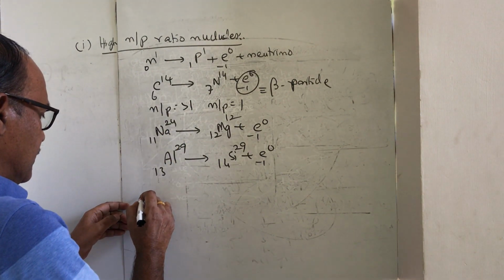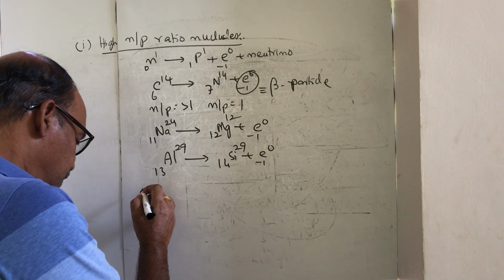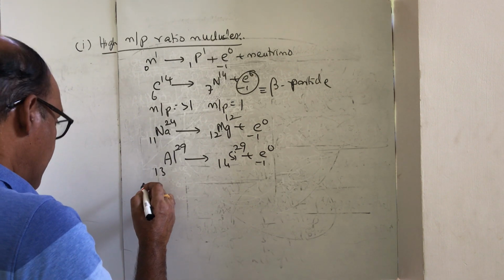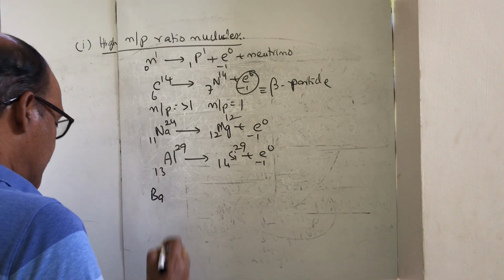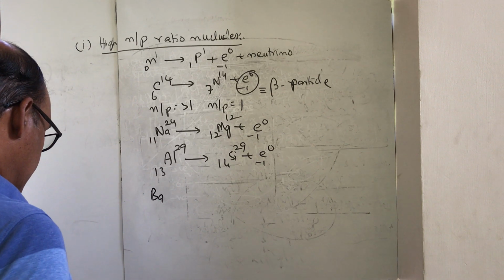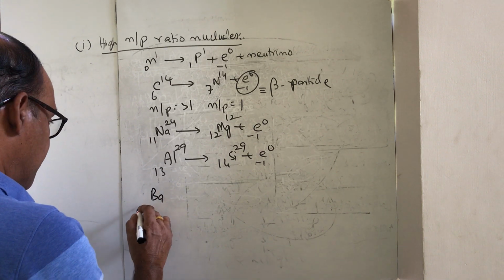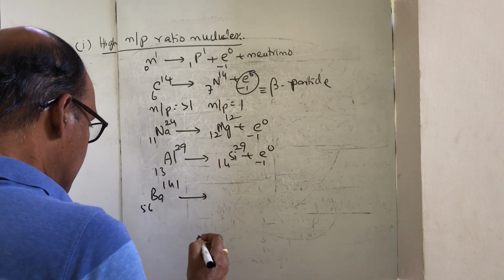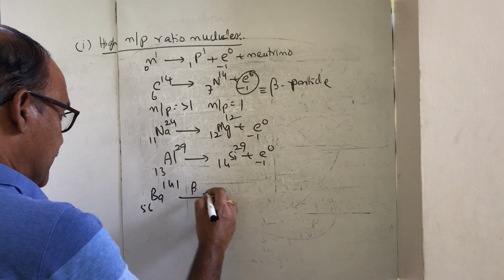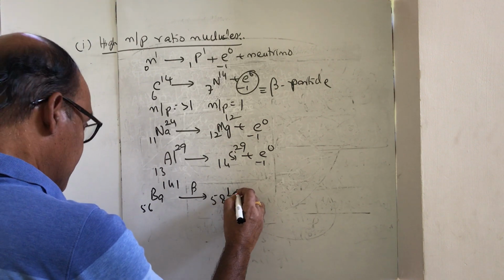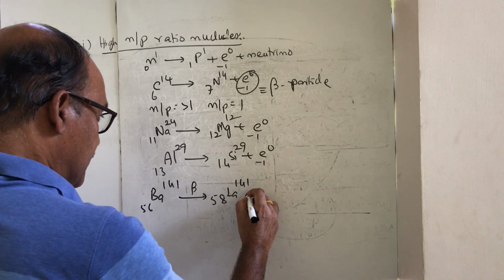We can see barium-141, atomic number 56. A beta particle is emitted, giving lanthanum-141, atomic number 57.